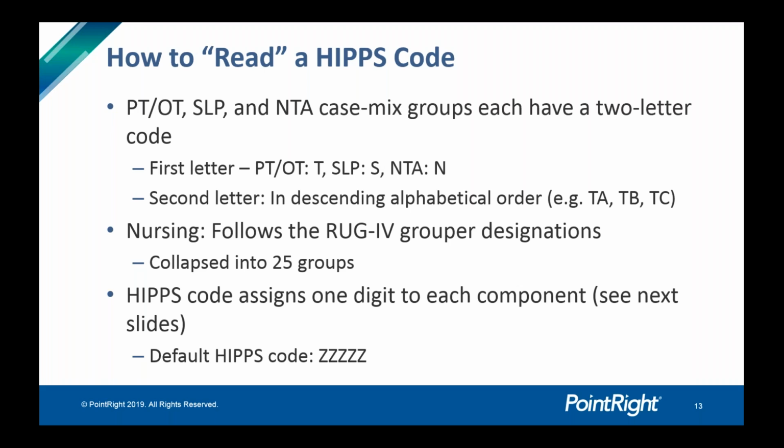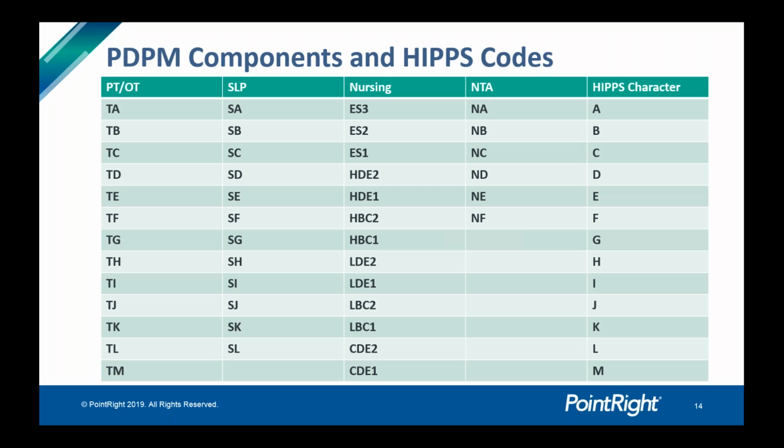So stay alert for that. Now, this is going to make a little bit more sense when we look at these tables. I've been seeing training materials that lay out these tables very cleanly, so it makes a lot of sense, so I thought I would share this with you as well. Now, this is going to go over onto the next slide, but you see how PTOT, the highest possible categorization, is TA, then we have SA, we have the ES3, and the NTA top score is NA.